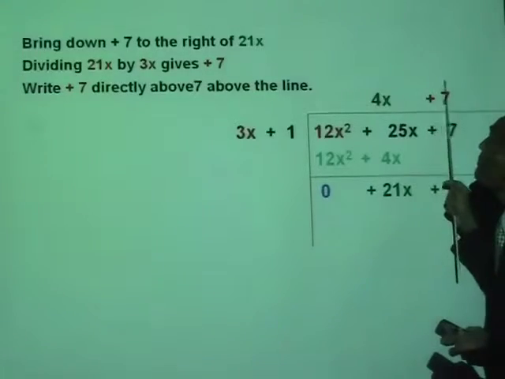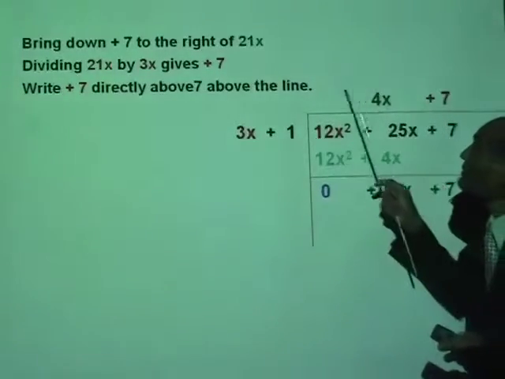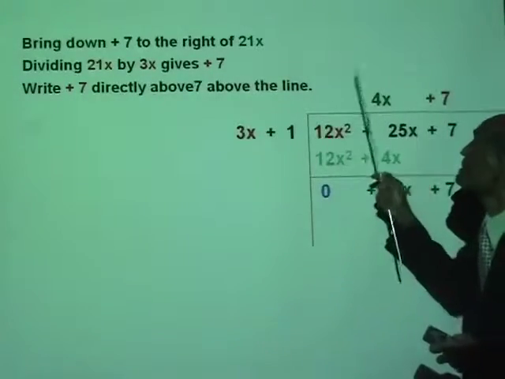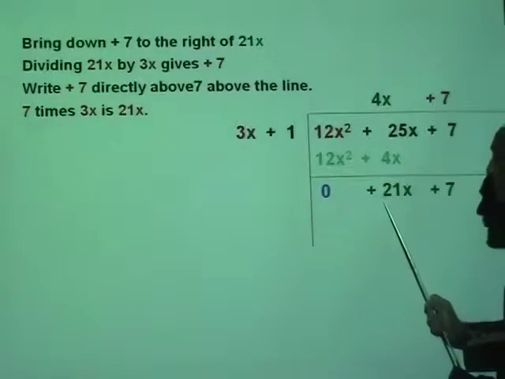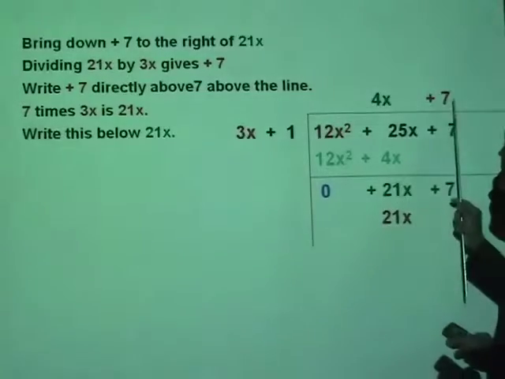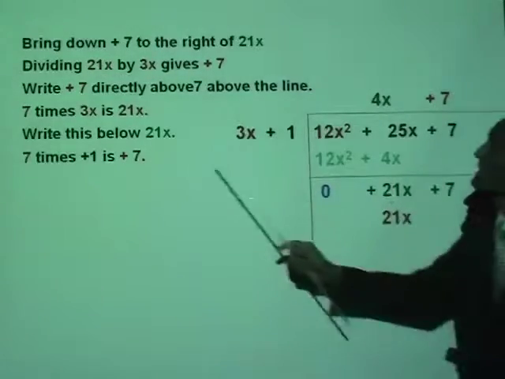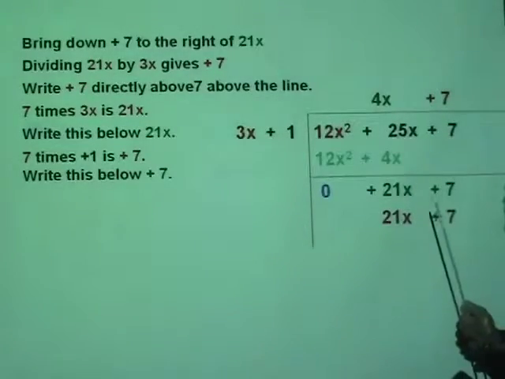And what do we do with this positive 7? Multiply this positive 7 with each of the terms. 7 times 3x is 21x. Write that below the 21x. There you are. And 7 times 1 is positive 7. Write that below the positive 7.